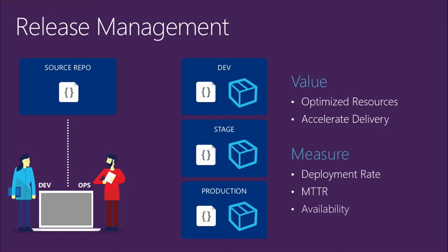Well, the overall business value that we were talking about here is optimized resources, because you now know exactly what's running inside of each of those environments, and you're also going to have a way to accelerate the delivery. One of the analogies that I like to use is if you are going to be going 200 miles an hour on a bullet train, you probably need to have some rails, right?